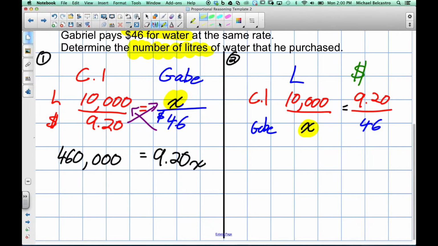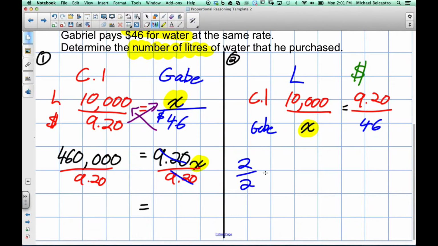From there, remember our goal is to still isolate for x. So what we need to do is divide both sides by 920. When you divide the right side by 920, we're reducing the number to 1. A lot of people refer to this as canceling, but what's actually happening is 920 divided by 920 is 1, just like 2 divided by 2 is 1.